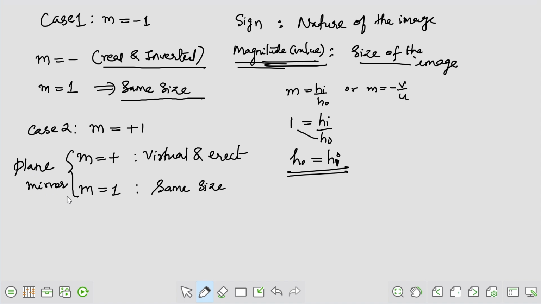Now let's move to case 3. Case 3 is magnification less than 1. What does it mean? We have the magnification formula hi by ho. So I am writing magnification less than 1.